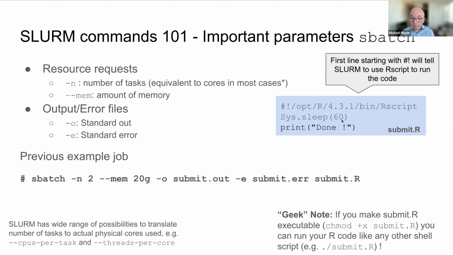You see it is no longer a bash script, it's a direct R script, where in the first line I'm just specifying which R version I want, with the direct path to the Rscript binary. And Slurm will then just execute this submitted file as an R script with that version.